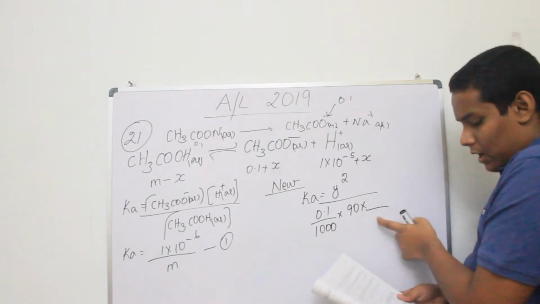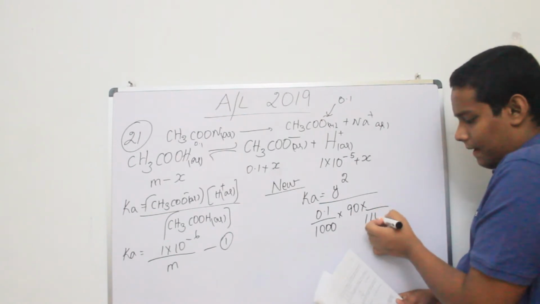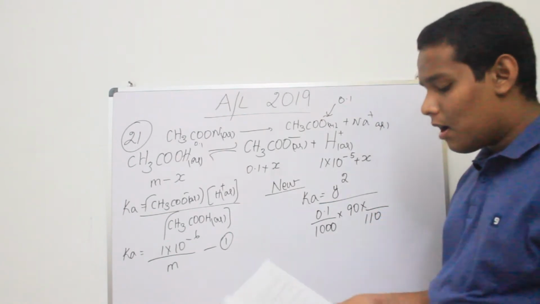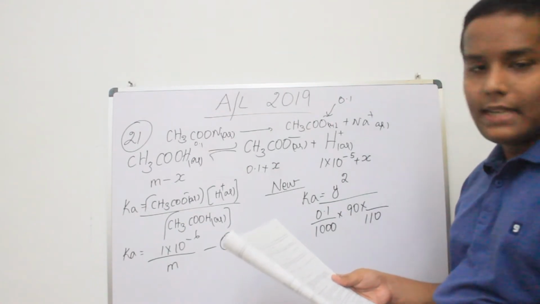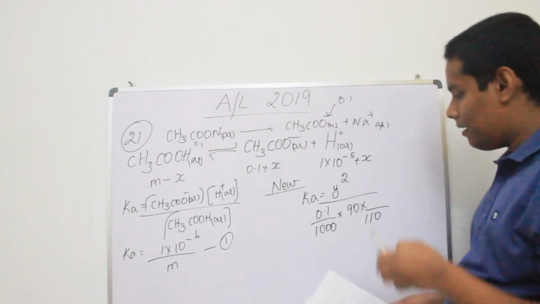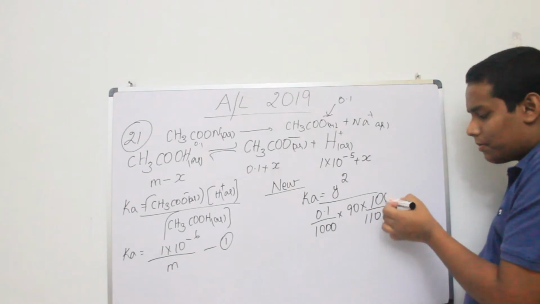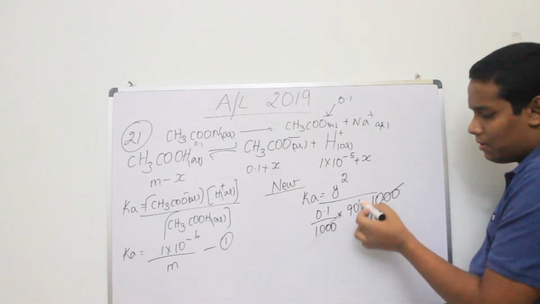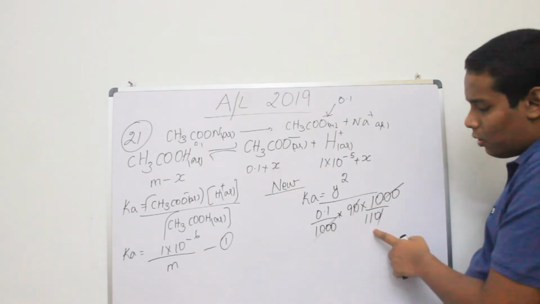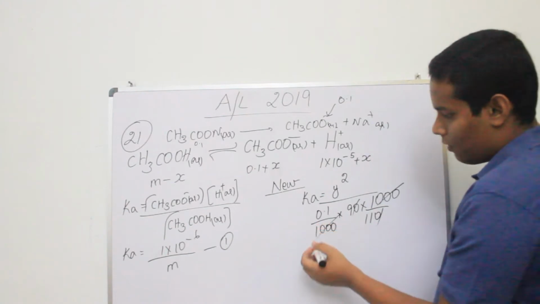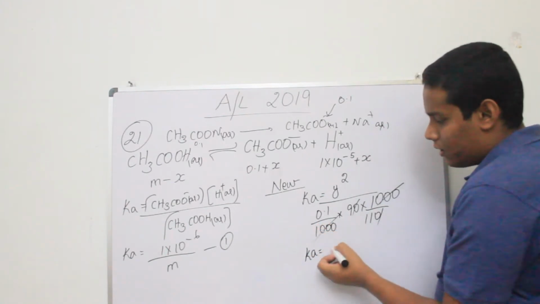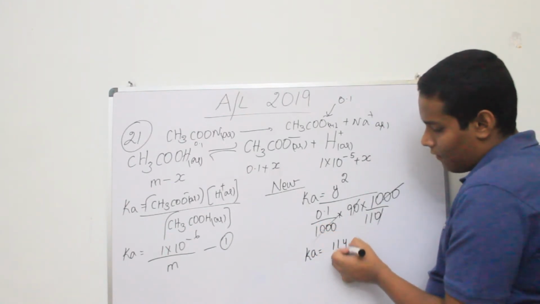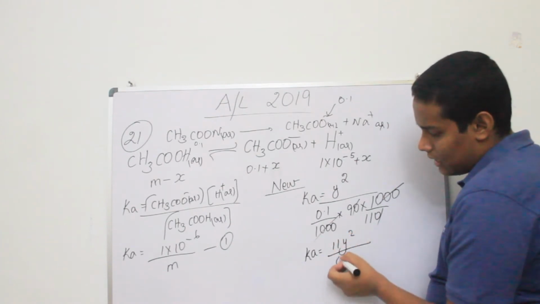If this value is there in 110, because the total volume will be 20 plus 90, 110, how much is there in 1000? 0.9 over 11. So Ka equals 11Y squared over 0.9.